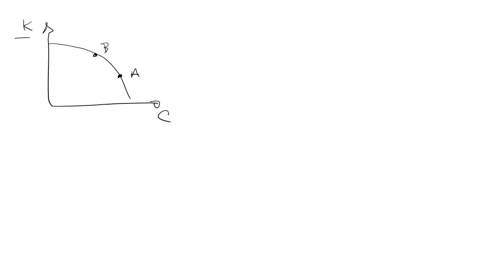Now, the model doesn't necessarily pass any judgments on which bundle is correct. In that sense, you could say that it's a reflection of positive analysis. But if you started to ask about what are the differences between A and B, I hope that you could tell me that it's pretty obvious here that B has a higher amount of capital than A does.